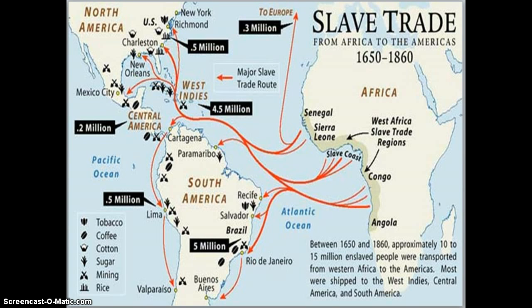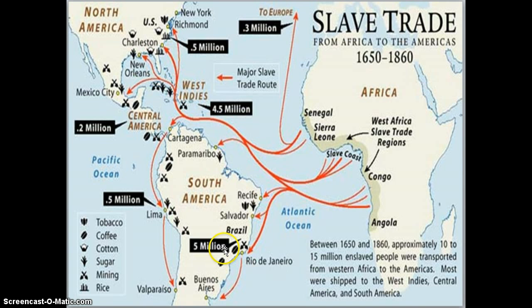So here is a map of the slave trade, where the slaves went when they were taken from the west coast of Africa and brought over to the Americas. They show you about 0.5 million were brought to an area around the Carolinas. About 4.5 million were brought to the West Indies.